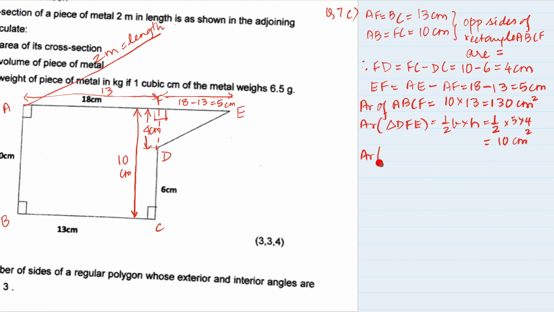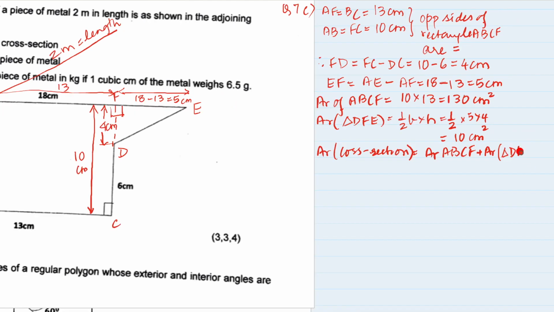So area of cross section will be equal to area ABCF plus area triangle DFE, which is equal to 130 plus 10, which is 140 centimeter square. So this is our answer 1.